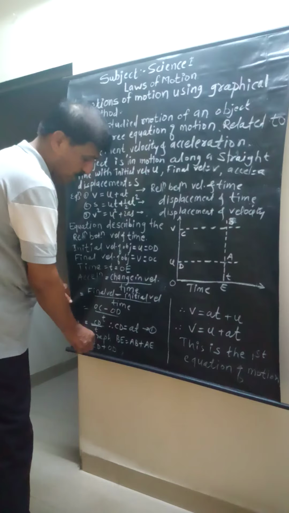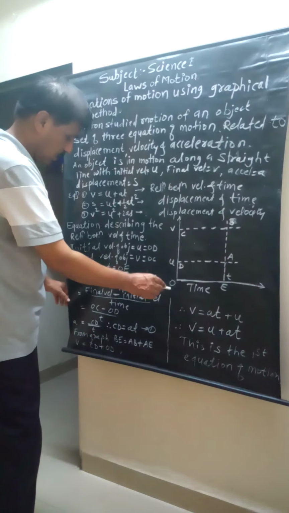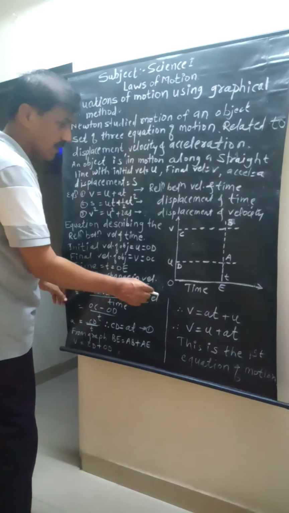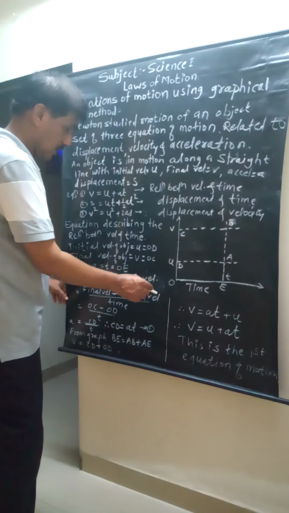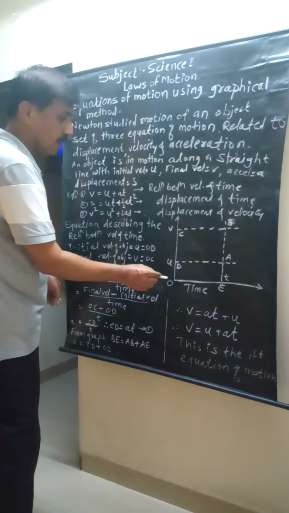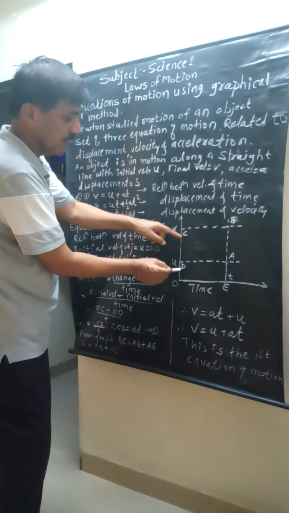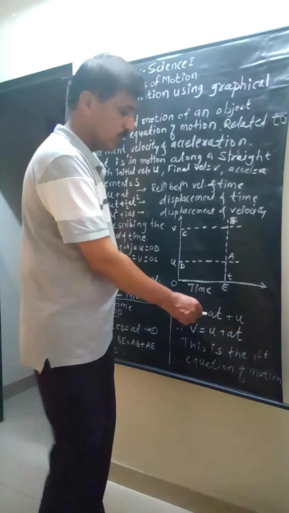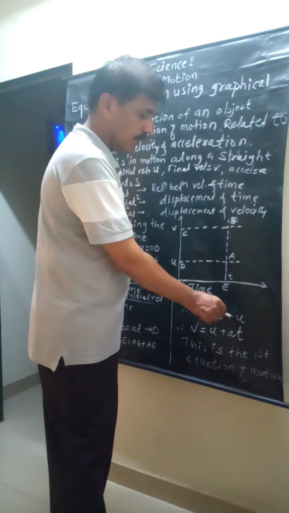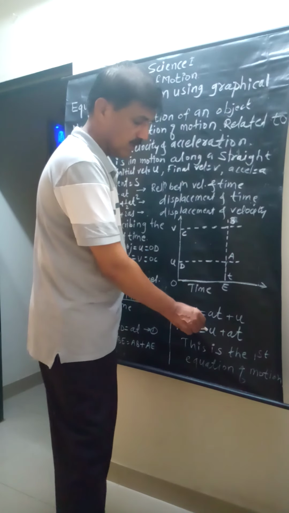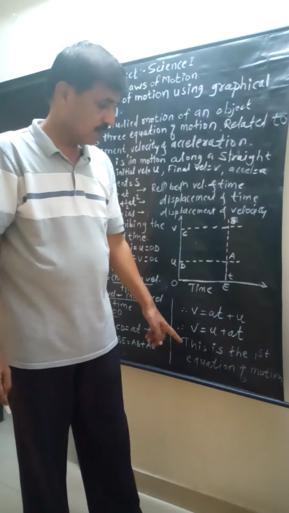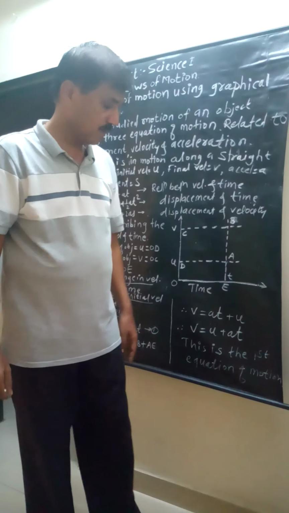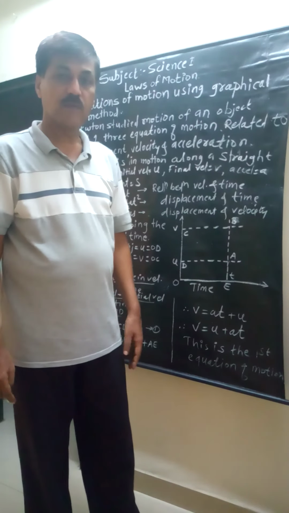V is equal to what? CD plus OD, OC means CD plus OD. Therefore, v is equal to at plus u, that is v is equal to u plus at. This is the first equation of motion.